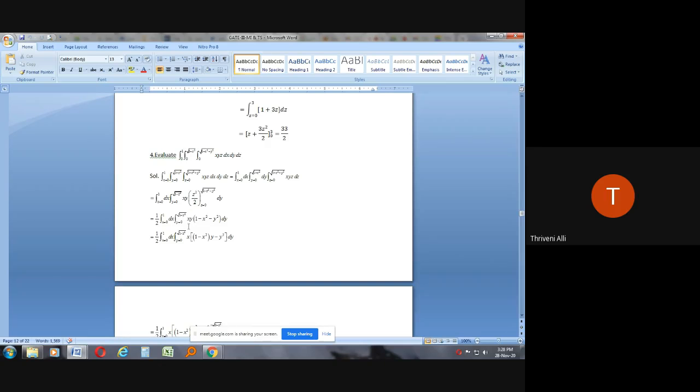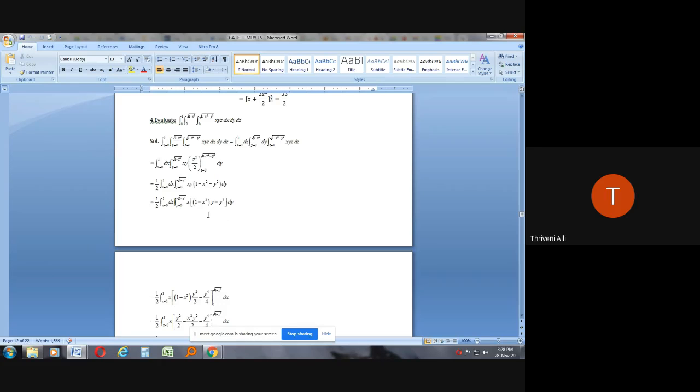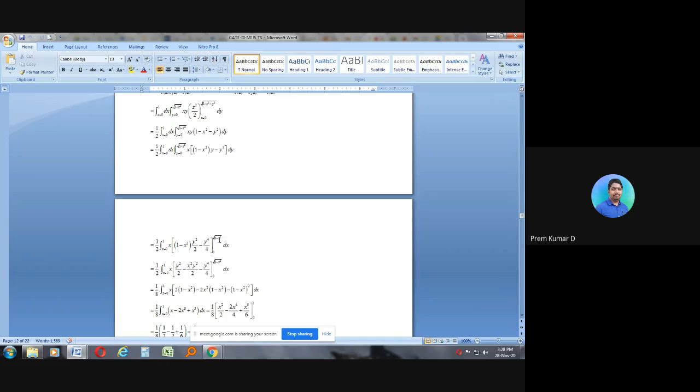Okay. Next, so total it is converted into y, that is x into 1 minus x square into y square by 2. Again we have to integrate with respect to y, that is y square by 2 minus y cube by 4. So again substituting the limits in y, we get this. Okay.